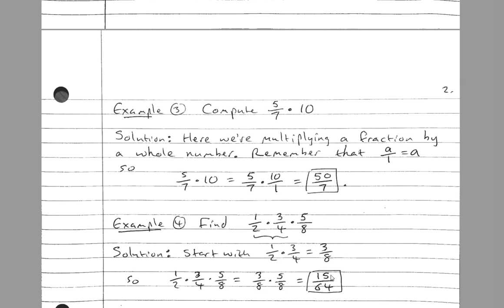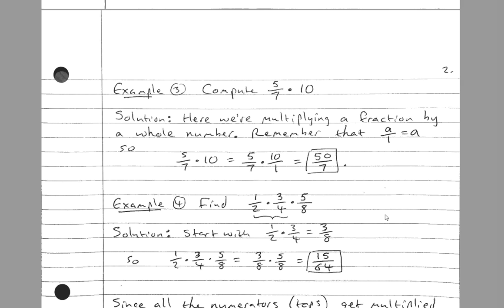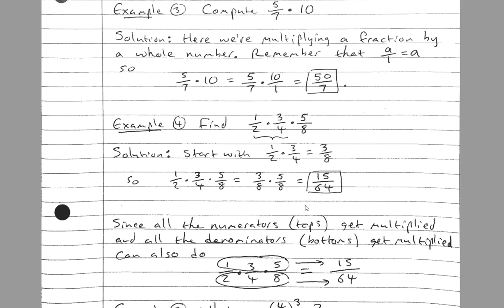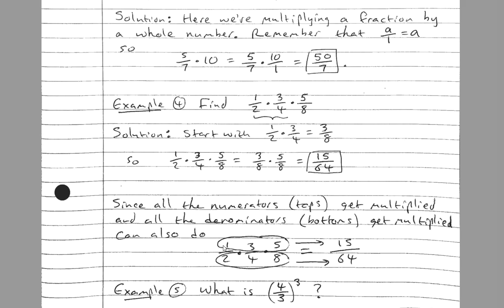We get 15 over, 8 times 8 is 64. And maybe an easier way to do that is, you can see all the numerators are getting multiplied, so it's just 1 times 3 times 5 is 15, and 2 times 4 times 8 is 64.